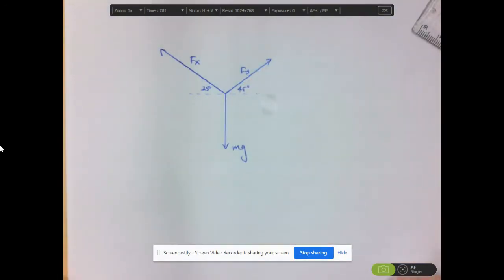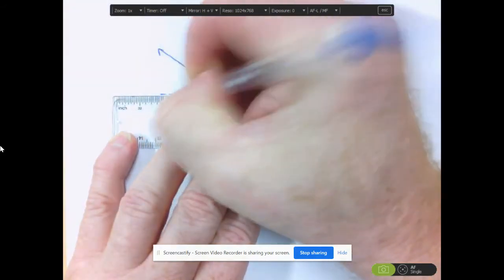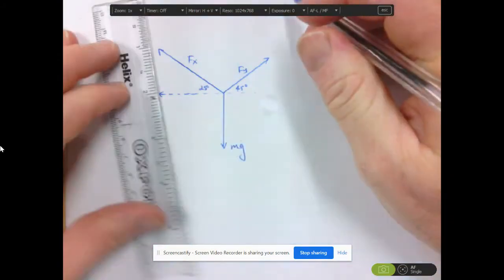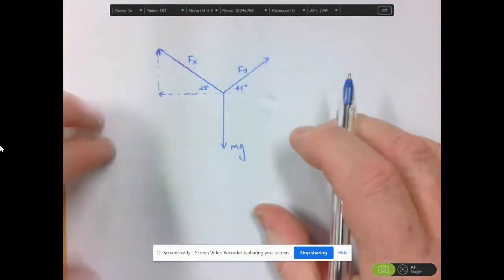Right. Now, once we've drawn our force diagram, we need to resolve each of these forces, Fx and Fy, into their component forces. So doing that, I'll just continue this arrow here, that vector there, and up to there. So this is Fx.